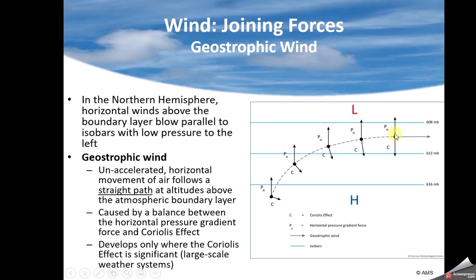And eventually there's a balance reached. When that balance is reached, the air parcel, even though there's a strong pressure gradient towards low pressure, Coriolis is actually balancing that force. The Coriolis is dependent on the velocity, so that you wind up with an air parcel moving straight. That's geostrophic wind. It's a parcel in straight air motion.